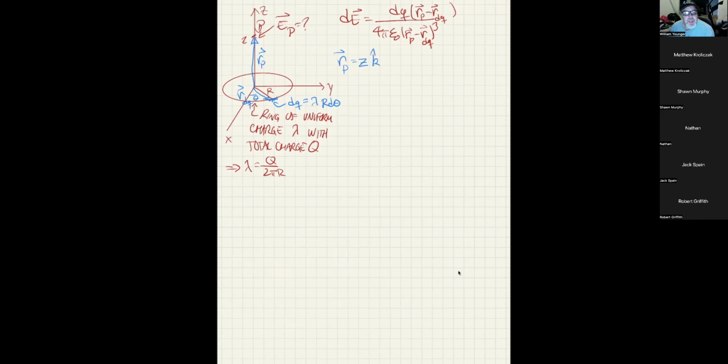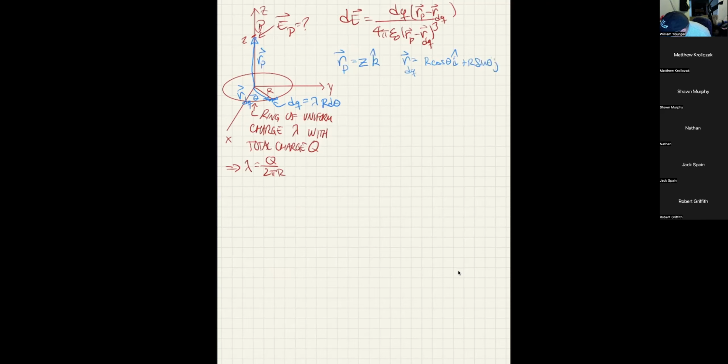Yep. And how about this one, it's a little more complicated. I need to get an x component. So I'm going to say r dQ is actually equal to R cosine theta i hat plus R sine theta j hat.